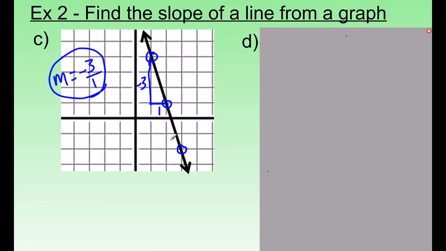Using the formula, I'm going to use these other 2 points just to show it's the same slope between here and between here. So if this had a slope of negative 3, I'm going to show that this also has a slope of negative 3. This is the point 2, 1, and this is the point 3, negative 2.